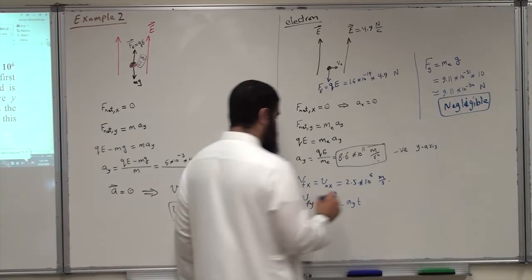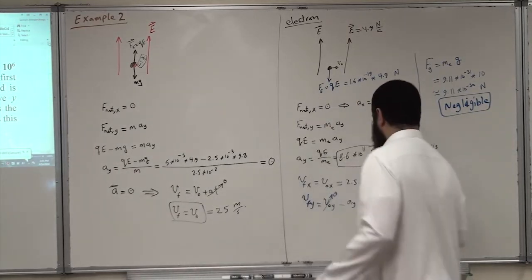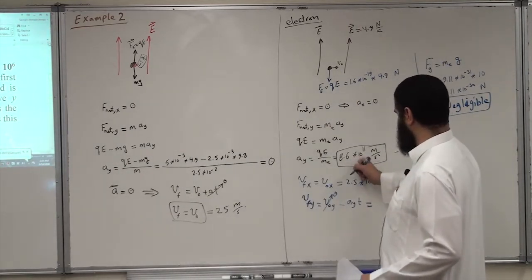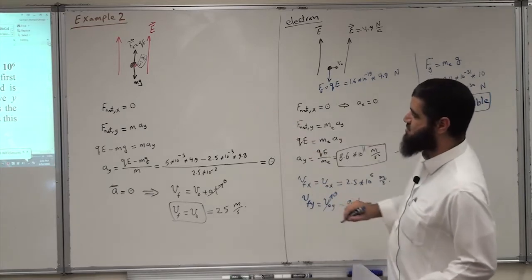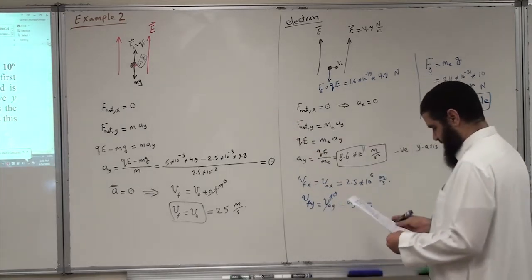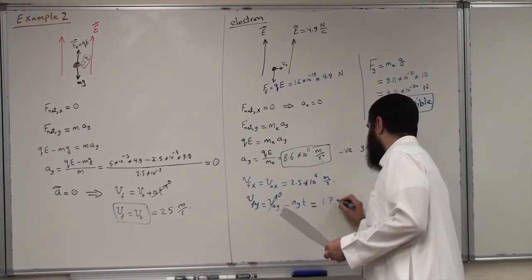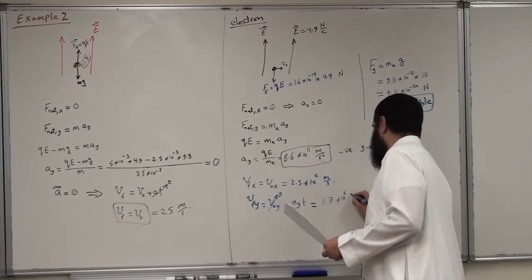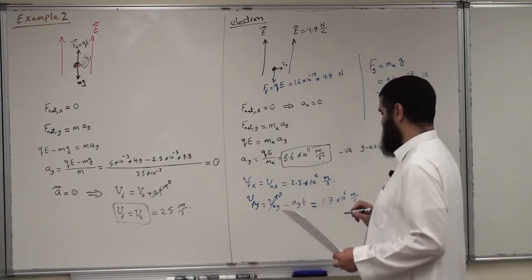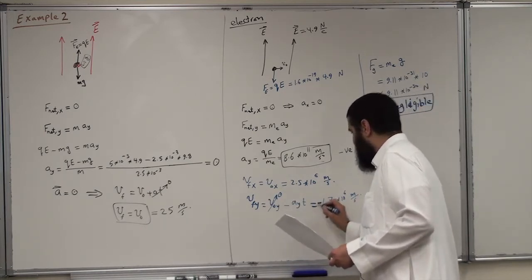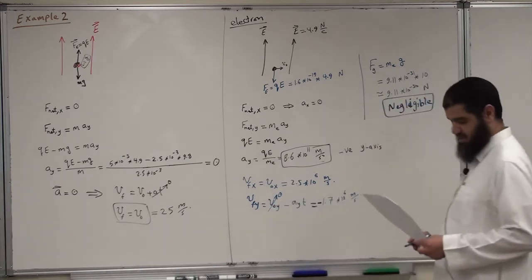So V final y will be minus this acceleration multiplied by that time, which is 2 times 10 to the minus 6, and this will give us the final to be 1.7 times 10 to the power 6 meters per second, okay, and this is negative, meaning that it is in the negative y direction.